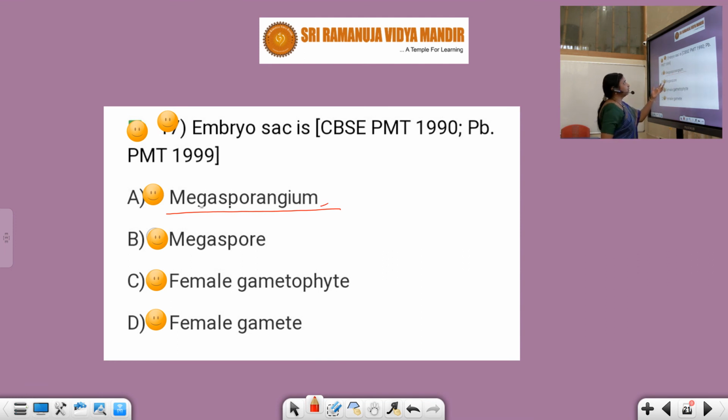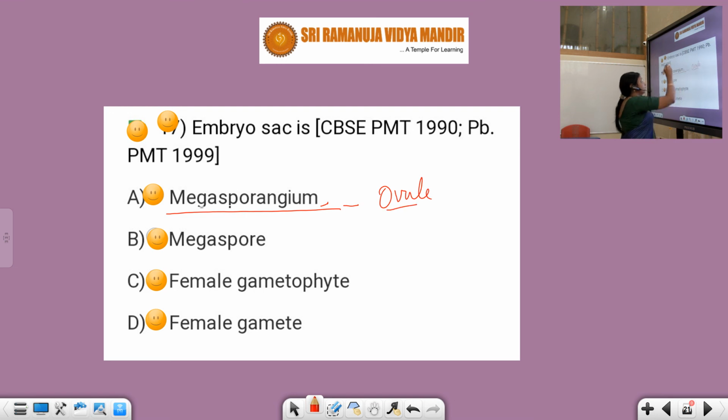No, megaspore is not embryo sac, because megaspore develops and forms the embryo sac. And female gametophyte or female gamete. So see the difference. You have to know the difference between all these 4. Integumented megasporangium is nothing but ovule.